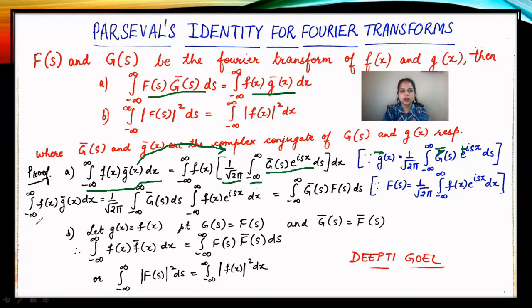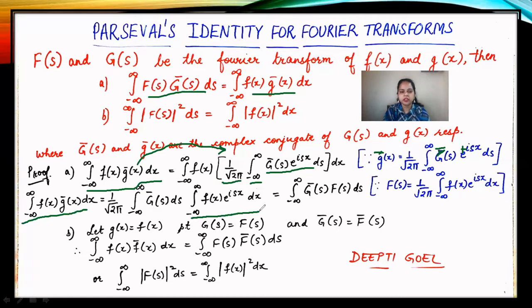So we have now the equation as the integral from minus infinity to infinity of f(x) g bar x into dx is equal to 1 by root of 2 pi integral minus infinity to infinity g bar s into ds. And since the integral is to be carried over the x variable now, we club the e power iota sx with f of x to have the equation as the integral from minus infinity to infinity of f(x) e power iota sx into dx.